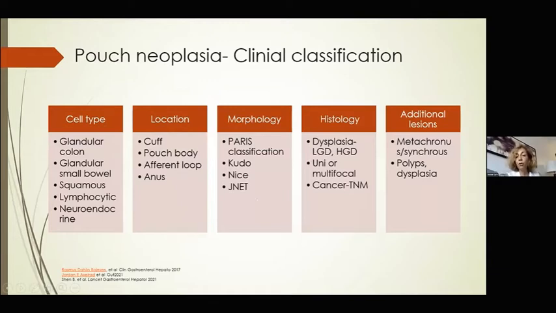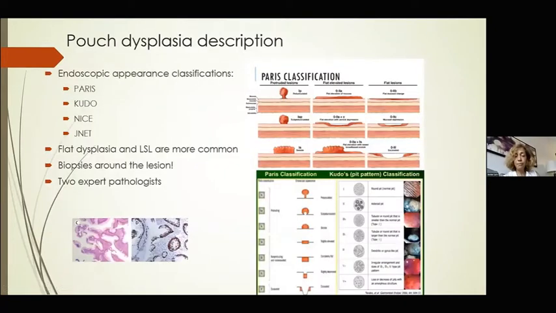Endoscopic morphology is important, and there are several systems of classification out there. Histology, as you heard, is either low or high-grade dysplasia, multifocal or unifocal, and current and historical additional lesions, metachronous or synchronous, polyps, or cancer.